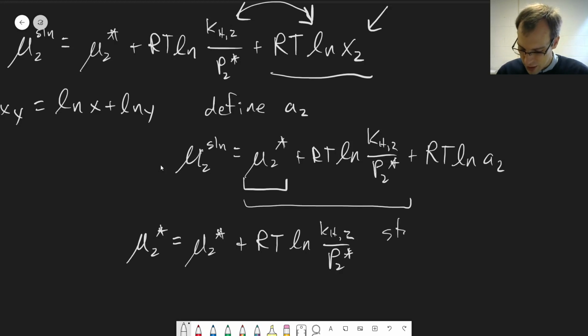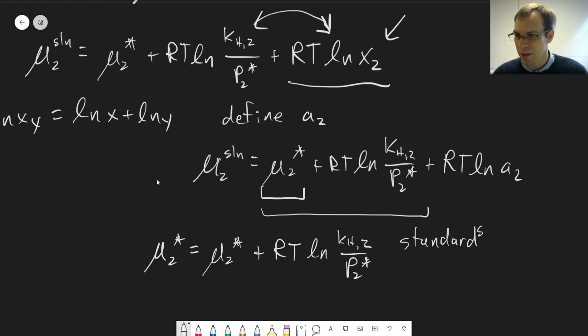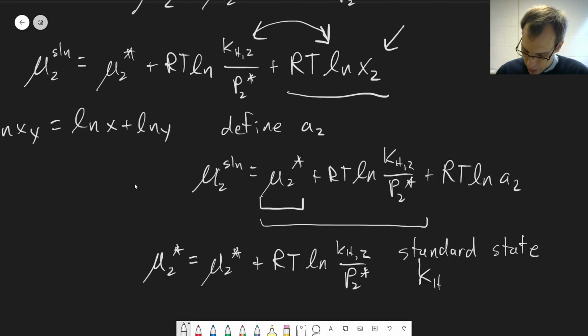This is what we call our standard state. Now this may not be an actual state. This is like a hypothetical standard state. But our standard state is where the Henry's law coefficient is equal to the pure component vapor pressure.